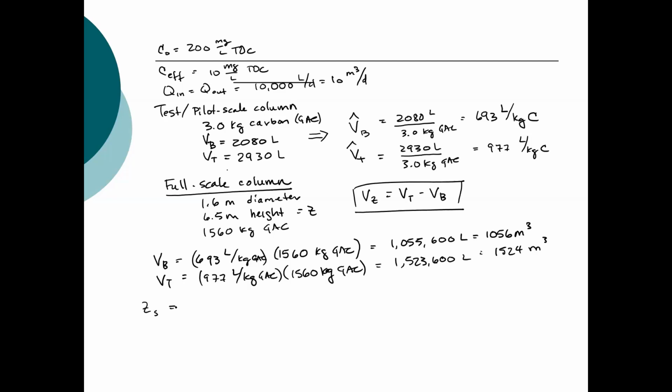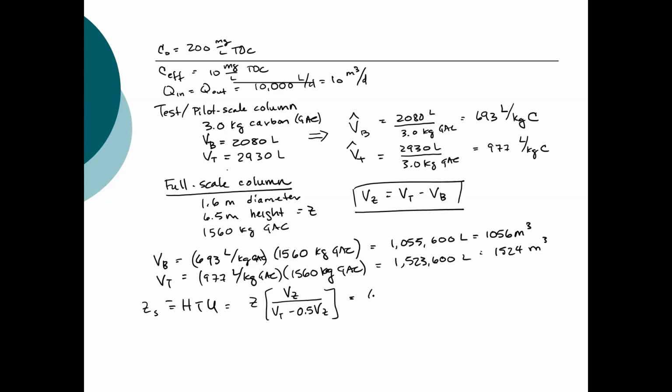So the depth of a transfer zone, the height of the transfer unit, is equal to Z times VZ over VT minus 0.5 times VZ.